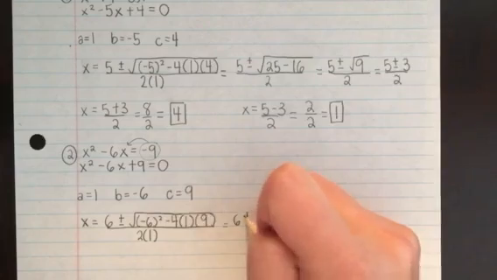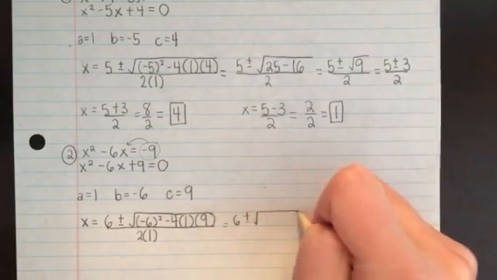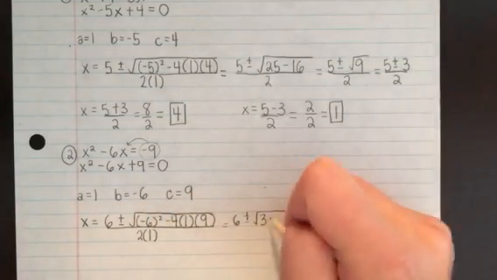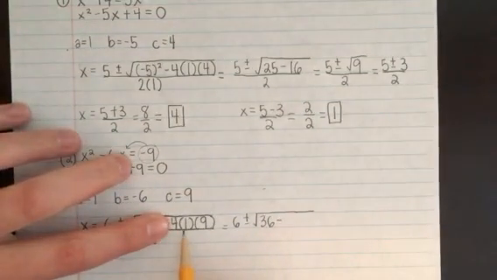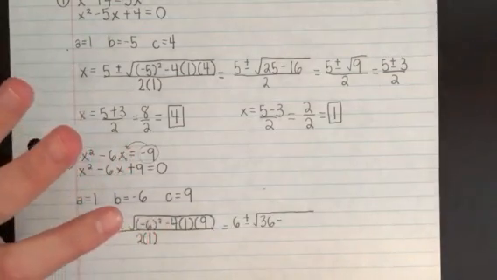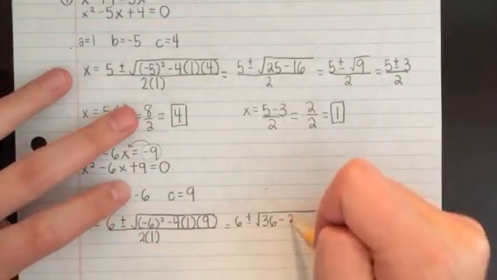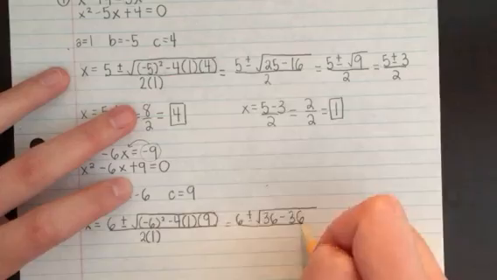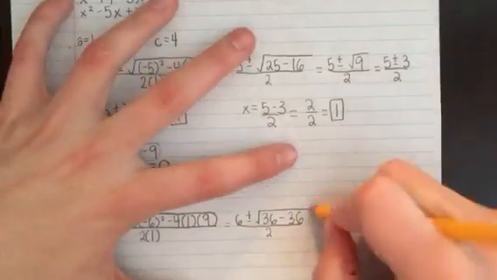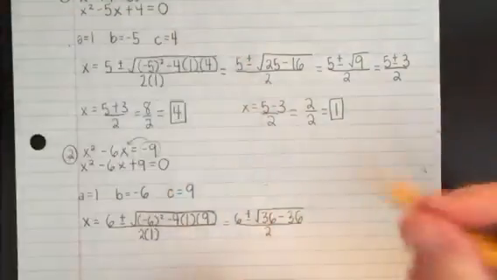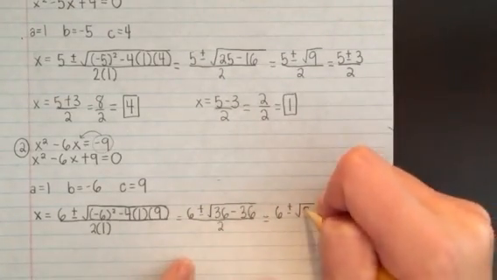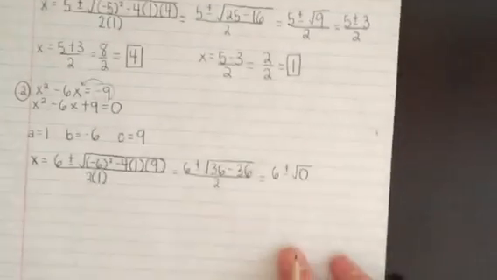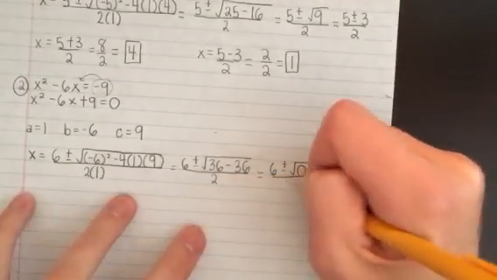So here we go, 6 plus or minus, negative 6 squared is 36, minus, okay, 4 times 1 is 4, 4 times 9 is 36, all over 2 times 1, which is 2. So here, this one's easy, right? 6 plus or minus the square root of 0, 36 minus 36 is 0, all over 2.